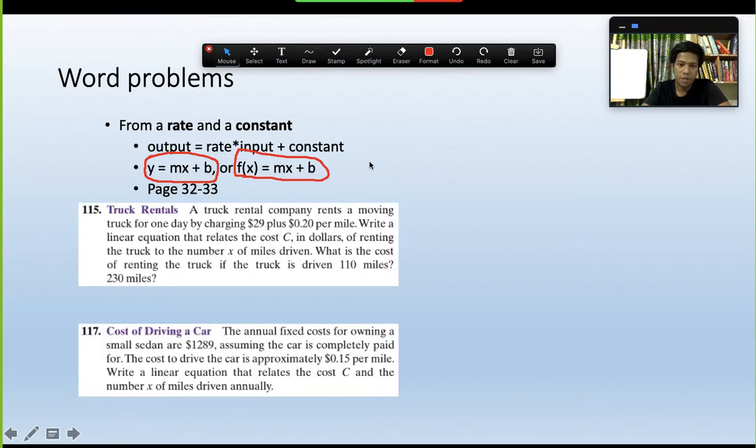Let's look at two examples here. Truck rentals. A truck rental company rents a moving truck for 1 day by charging $29 plus 20 cents per mile.